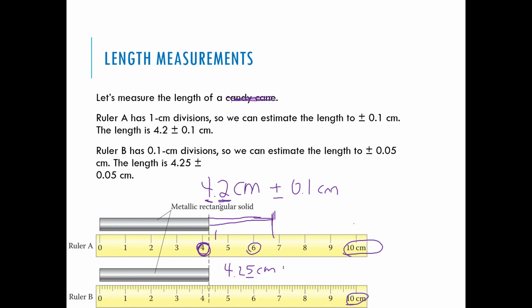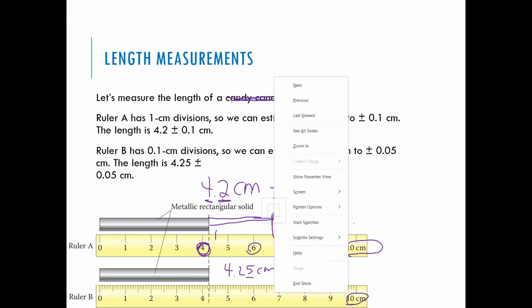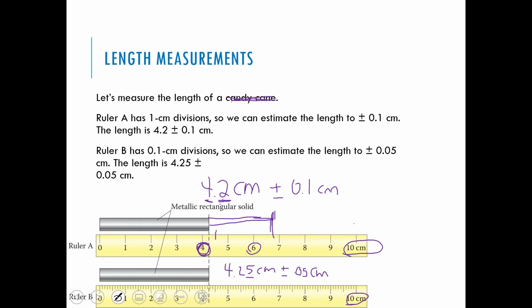So then I would say that it is 4.25 plus or minus 0.01, to the hundredth. And same with if I were to take this pencil and follow it down, I would say that it's 6.7.